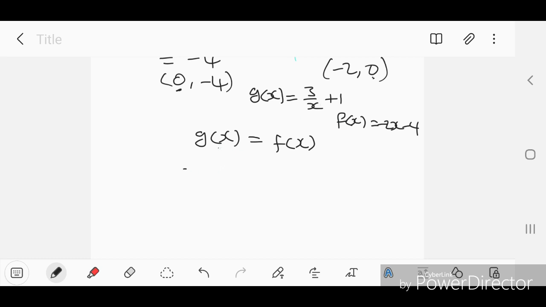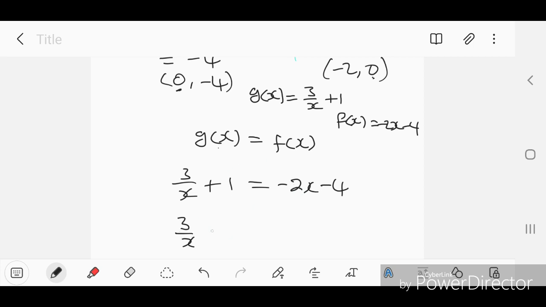So on g of x, I'm going to put 3 over x plus 1 must be equal to f of x, which is minus 2x minus 4. Alright, so the ones with x, they go to one side. That's 3 over x.